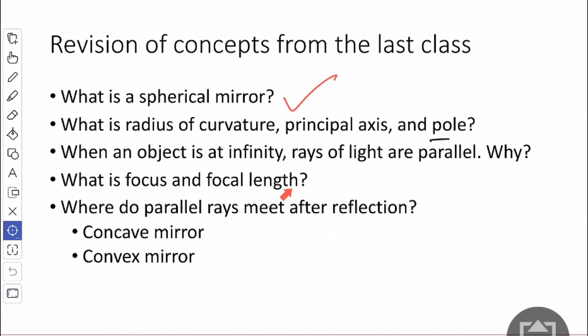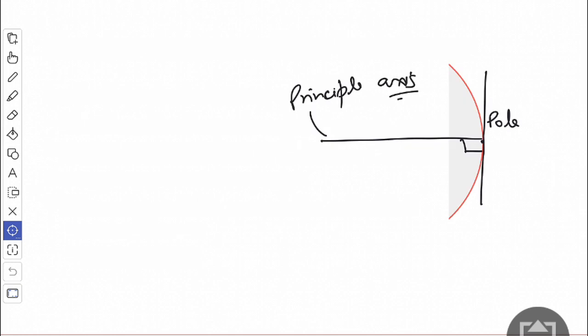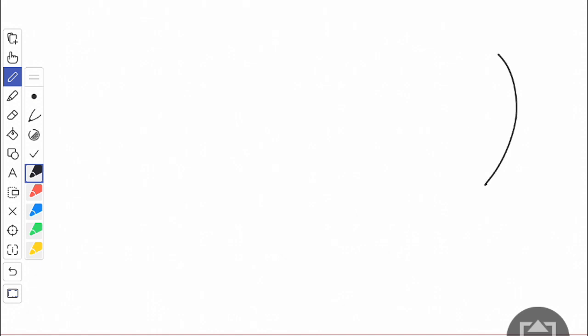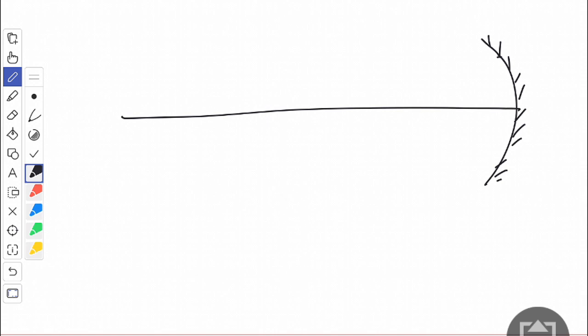What is focus and focal length? This we have discussed. Very simply put, focus is this: let's say I'm taking a concave mirror. We'll talk about convex mirror also later. This is the principal axis.